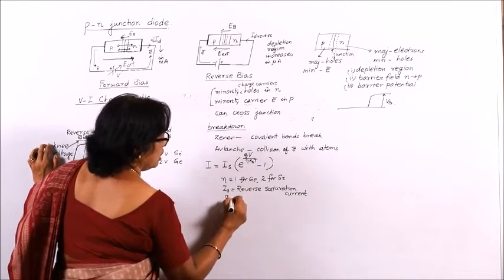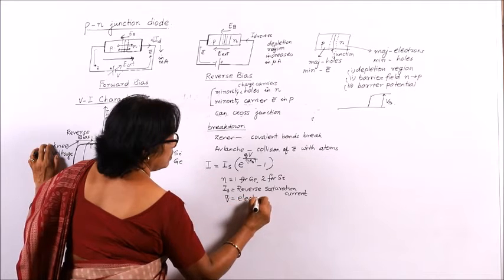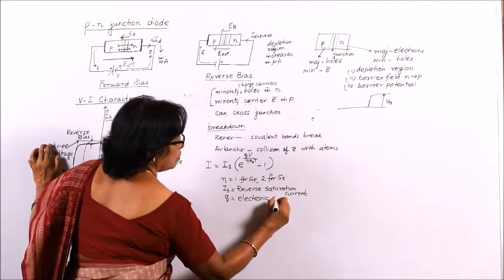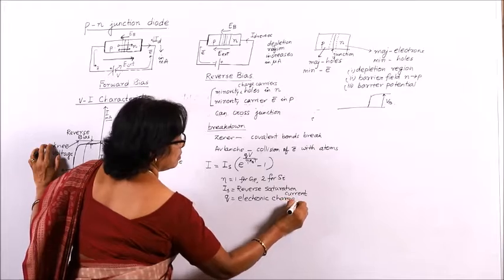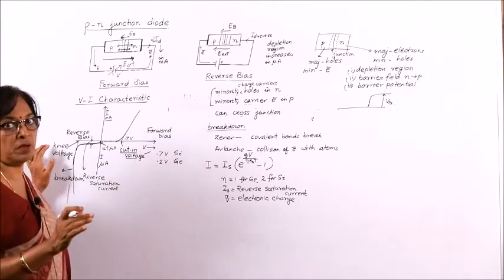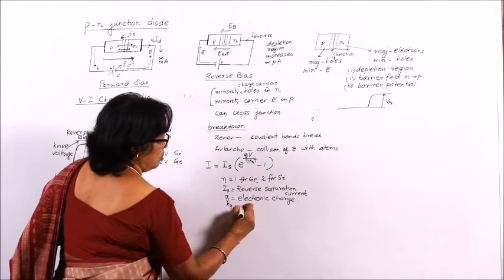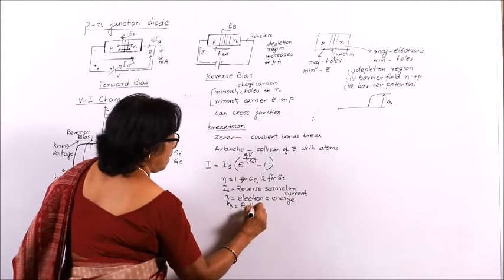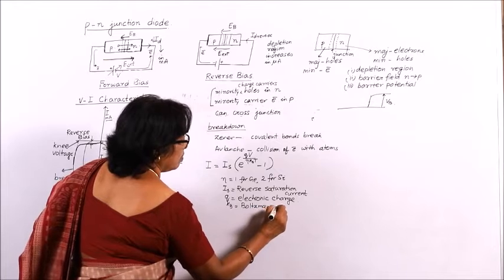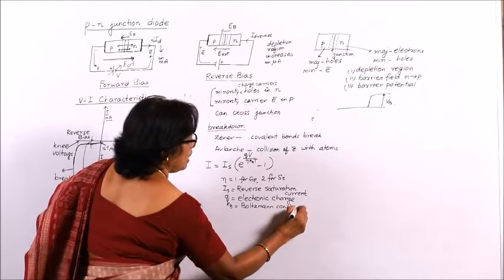Q here is the electronic charge, 1.6 into 10 to the power minus 19 coulomb. kB is the Boltzmann constant, and T is the absolute temperature.